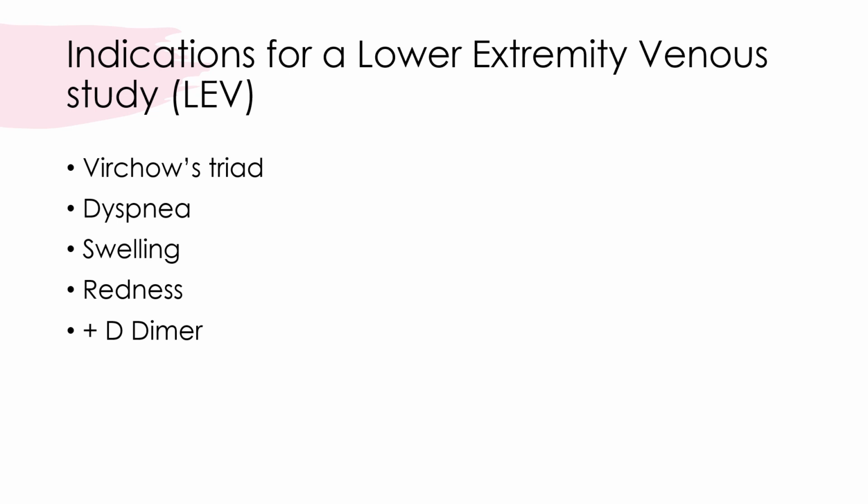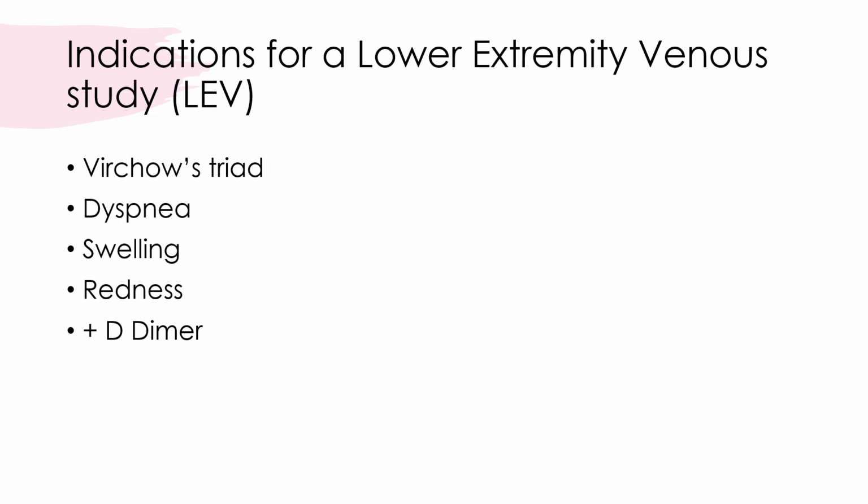A patient that's also demonstrating dyspnea would be at high risk for an LEV because most of our pulmonary emboli come from an embolism from a clot in the leg. Swelling of the leg, redness of the leg, heat of the leg, all of those three things are major indicators of a DVT.